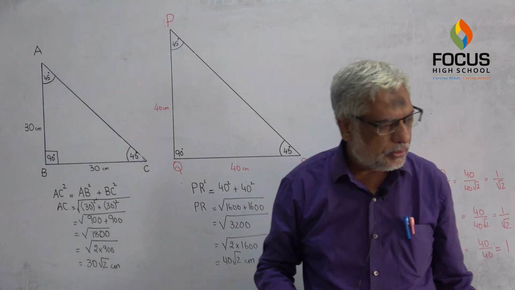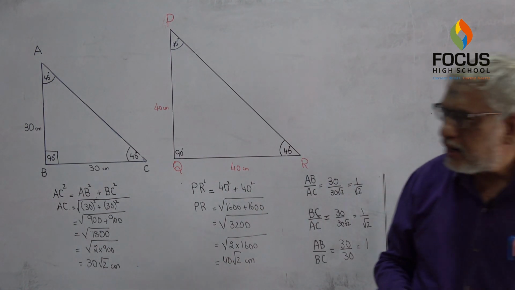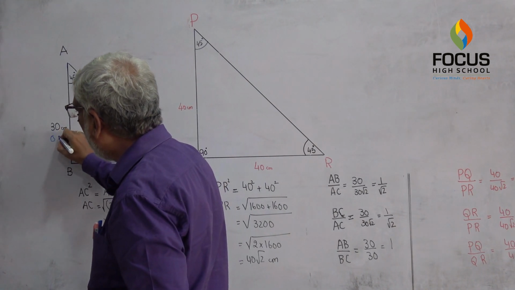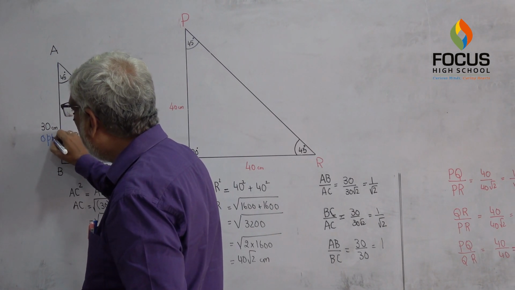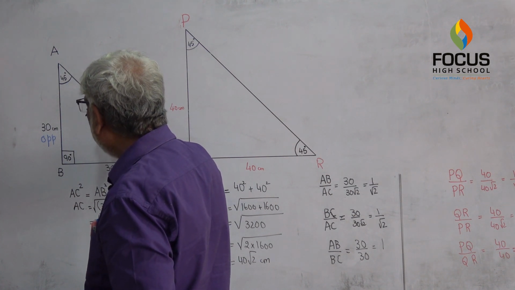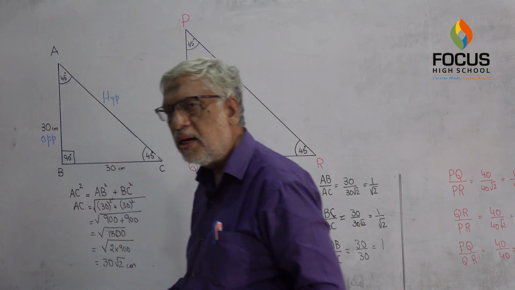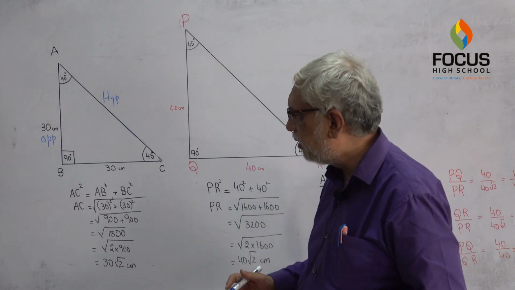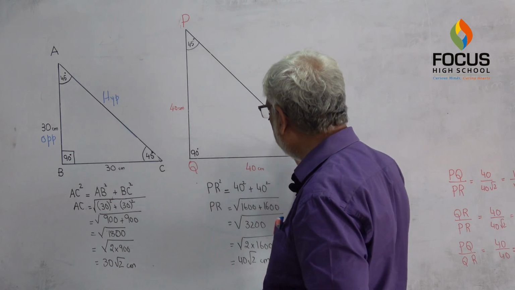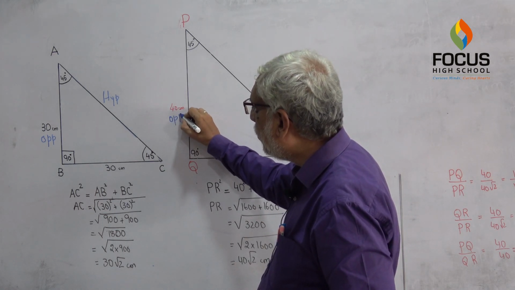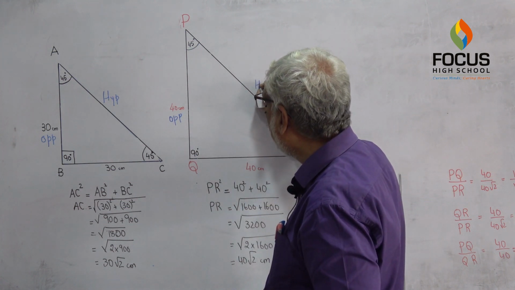Let me write it, opposite, and this I call hypotenuse. In any right triangle, the side opposite to the angle 90 degree, we call it hypotenuse. Everybody knows it. And with respect to this 45 degree, it is again the same thing, opposite upon hypotenuse.